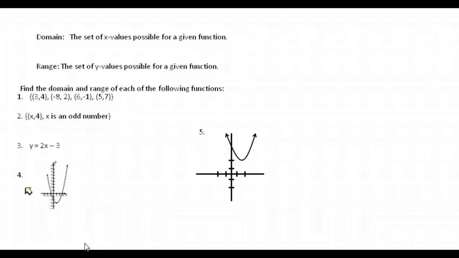To determine that, we go, okay, how far does this graph go to the right? So I look at the farthest point to the right, and I look where that comes down on the x-axis. I'm going to have to erase to see that.